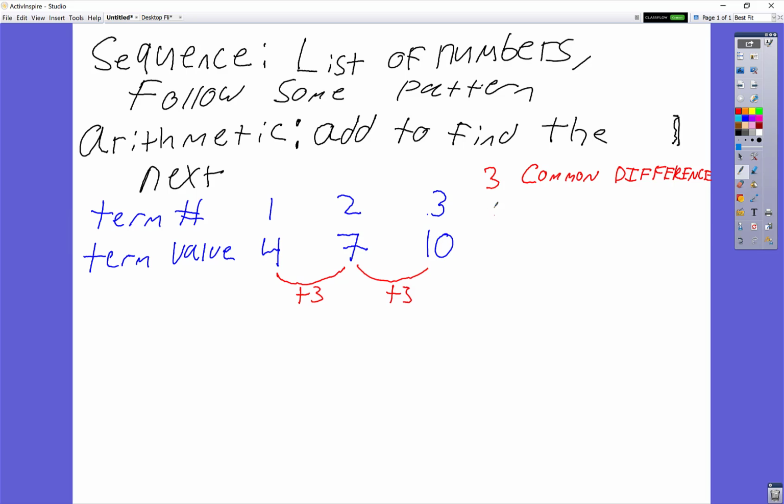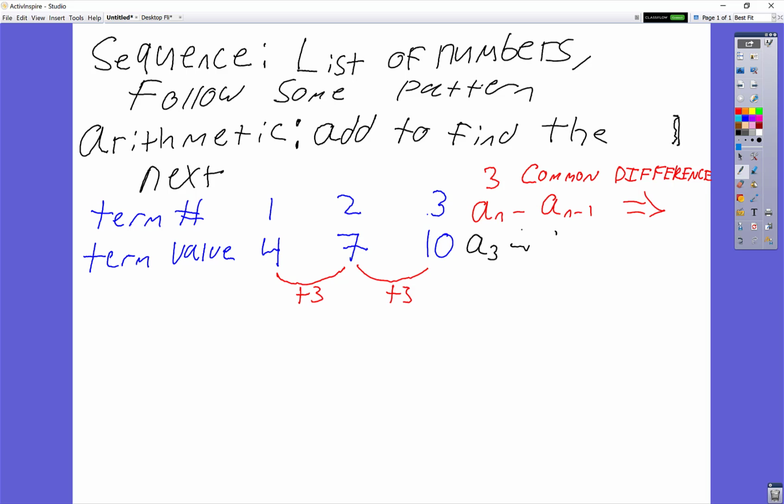So for the common difference we use the terminology a_n minus a_(n-1), which is just the previous term from a_n.